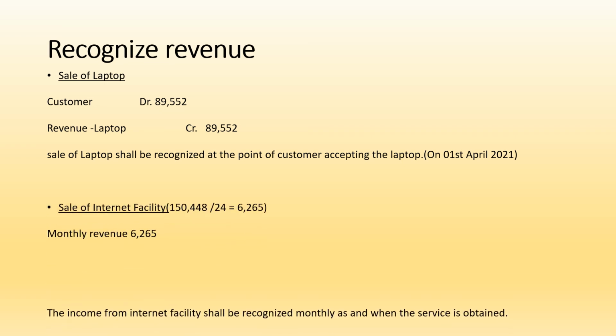Then, monthly, we are going to identify the sales from the internet facility since the customer is paid monthly. Therefore, monthly, we are going to debit the customer by 6,269 and credit the revenue from the internet facility by 6,269. But per annum, we are going to debit the customer 75,224 and the revenue account by the same amount.